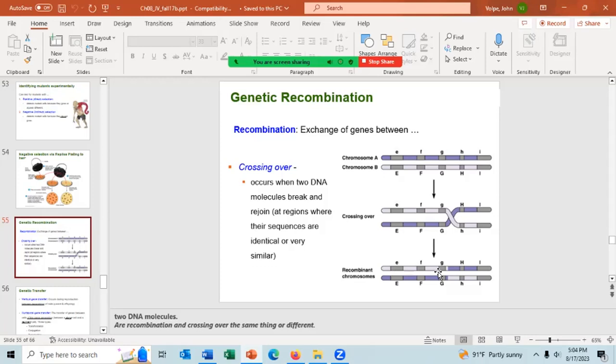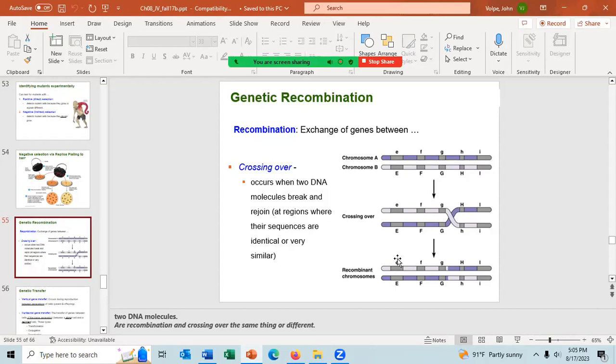It's white, so that's correct. But the lowercase letters, for some reason, they switched there. But that's the father's chromosome, and right here it switches, and now it's the mother's chromosome. And the same there. There's the mother's chromosome, and it's got a piece of the father's chromosome.